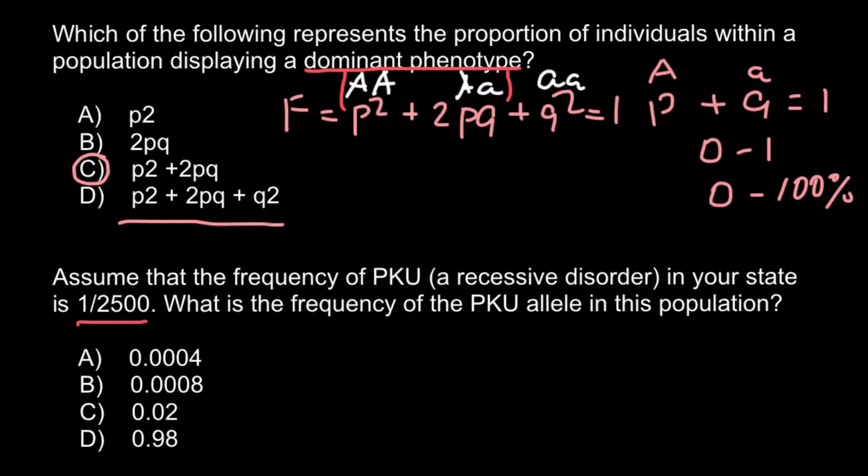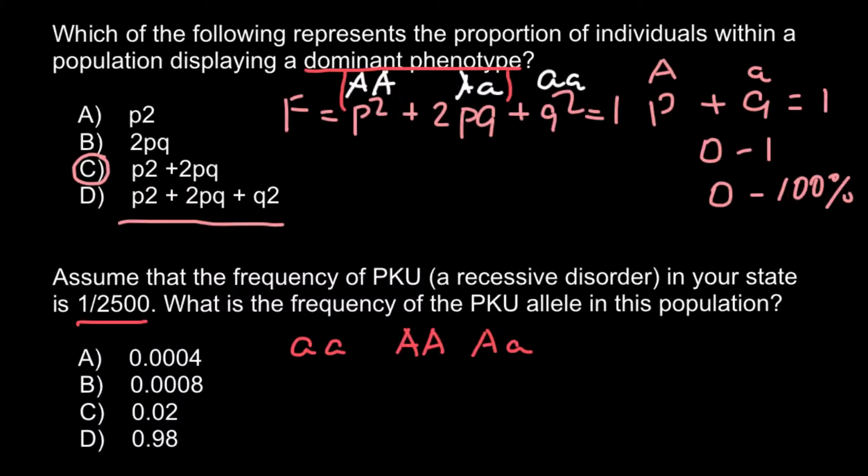That 1 person out of 2,500 belongs to this genotype, that is small a, small a. If this person belonged to the genotype that is capital A capital A, he would be phenotypically and genotypically normal. If his genotype were capital A and small a, he would be a carrier but still phenotypically normal.